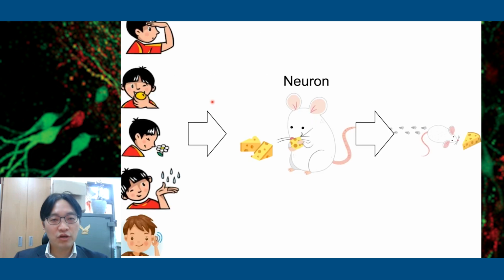So for me, neuroscience is to understand which neuron is responsible for a certain phenomenon or certain behavior or certain cognition. So it would be easy if there is a single neuron responsible for eating. I'm an eating researcher, so that would be very easy if there's only a single neuron doing all the cognitive part and all the behavior part. But as you all already know, that is not the case.